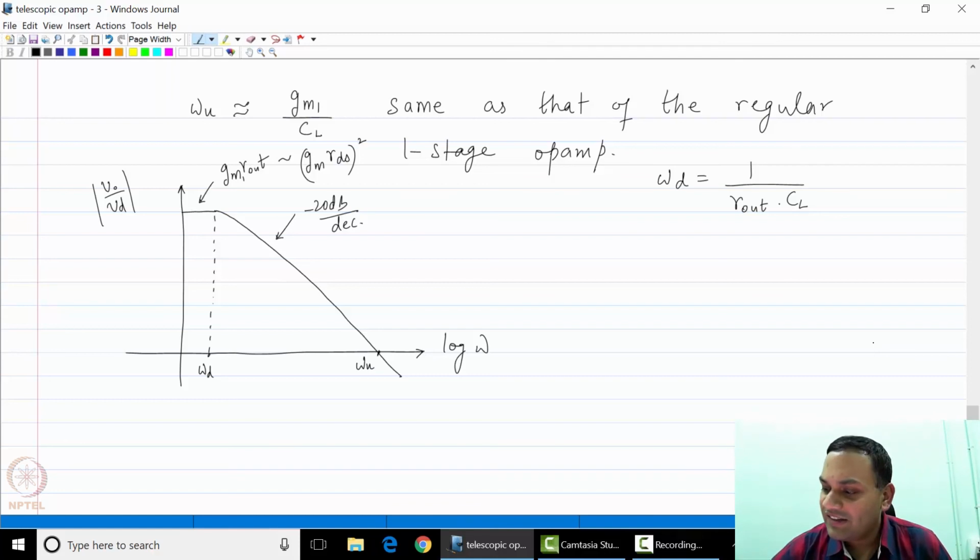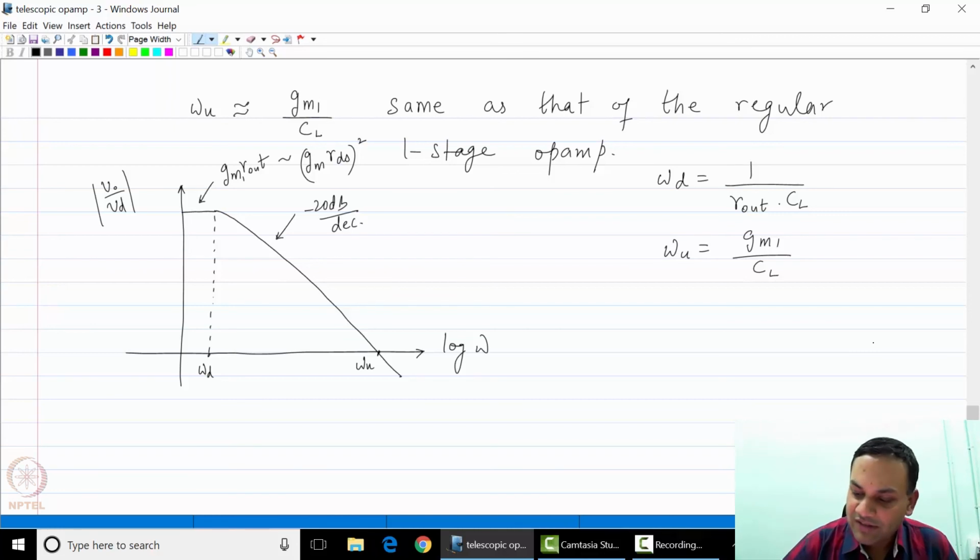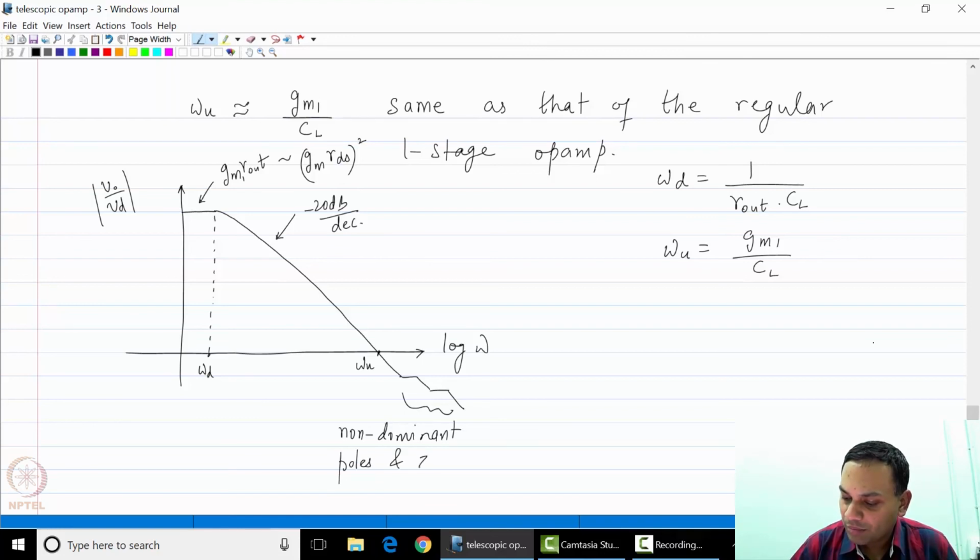As you can clearly see, omega u does not depend on R out, it only depends on Gm and CL. Beyond this, you could of course have several poles and zeros, so I'll show them in this manner. These are the non-dominant poles and zeros.